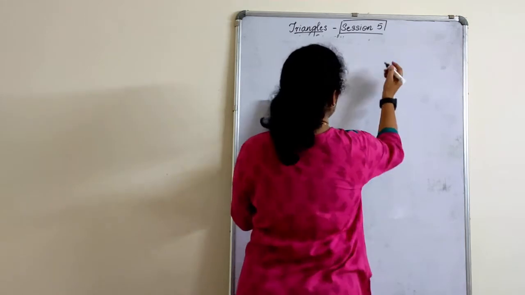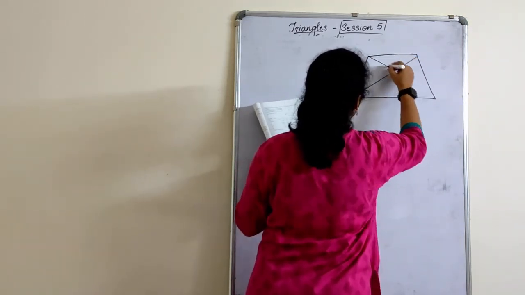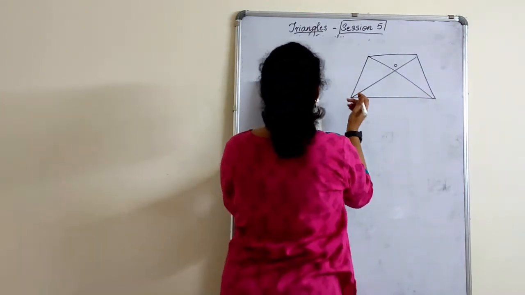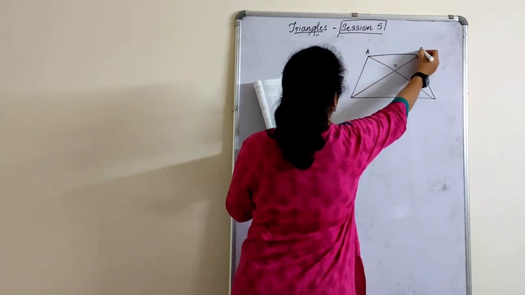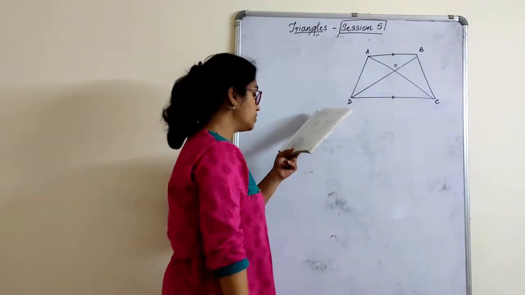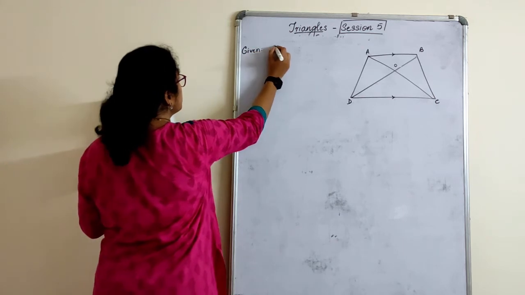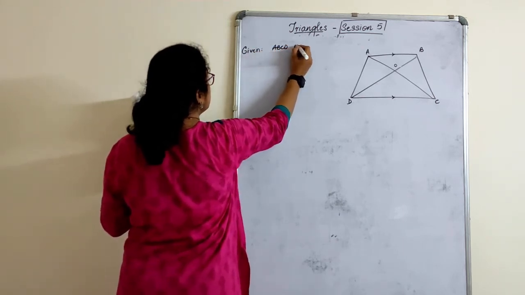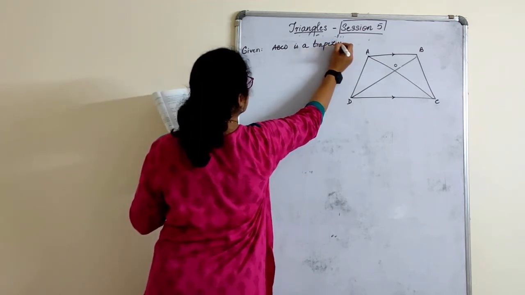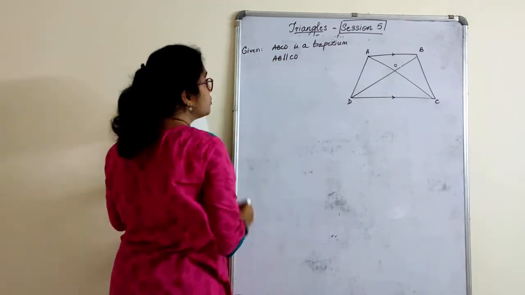Diagonals of a trapezium, figure is not given, intersect at O. So A, B, C and D. Given: ABCD is a trapezium, AB is parallel to CD.